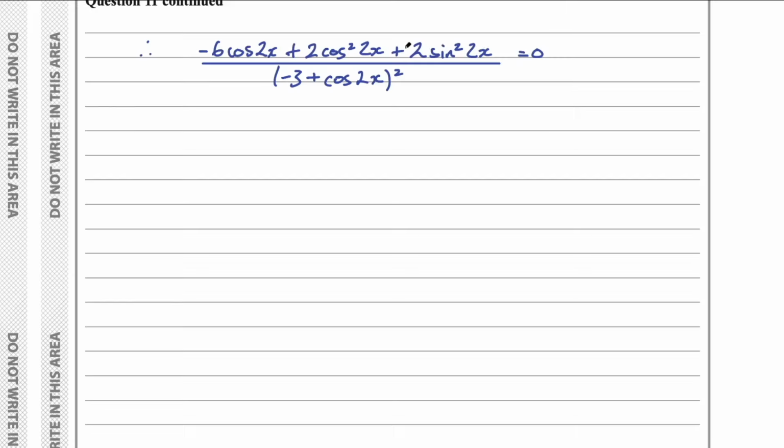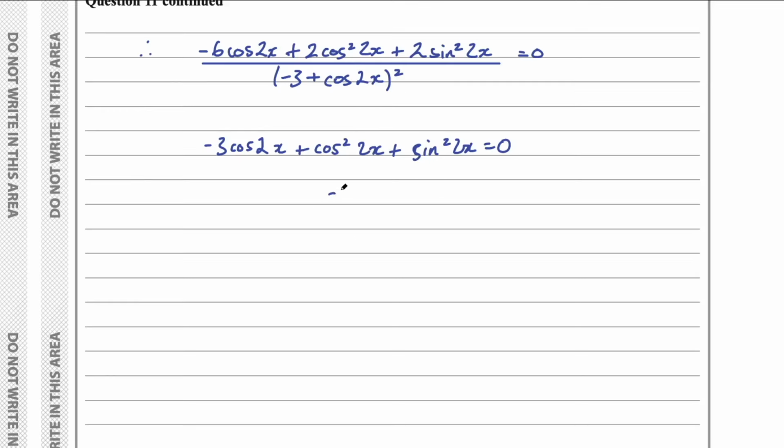So divide everything by 2, and then we would get negative 3 cosine 2x plus cosine squared 2x plus sine squared 2x equals 0. And now here we have the identity cosine squared plus sine squared, that is 1.